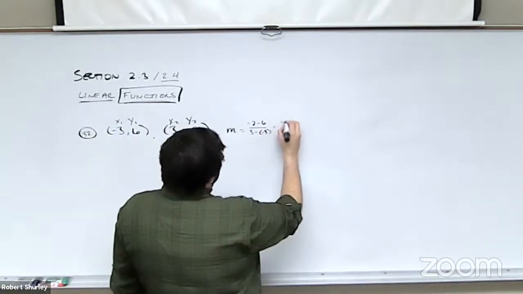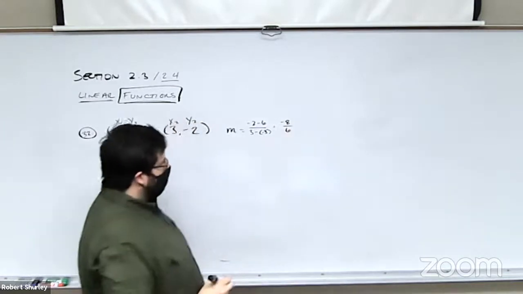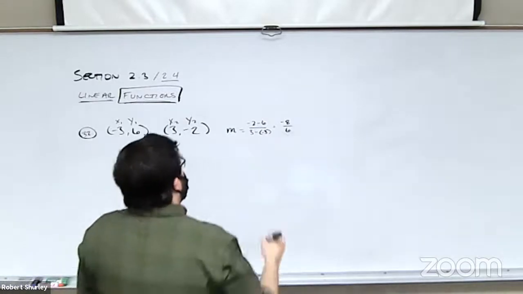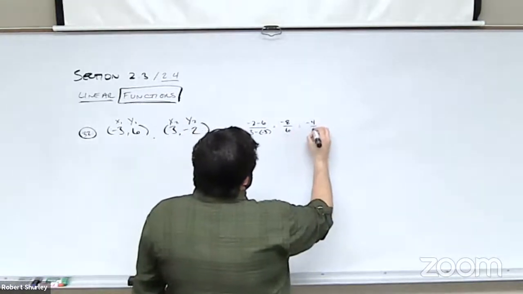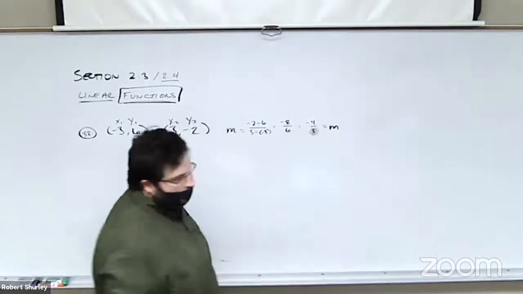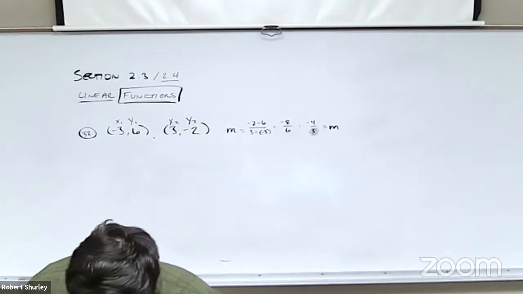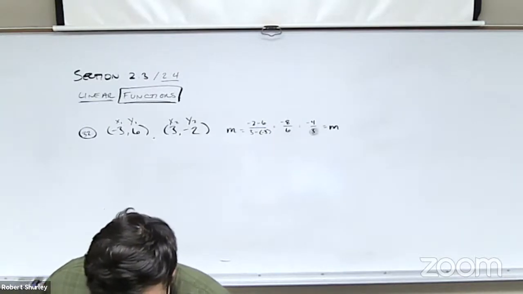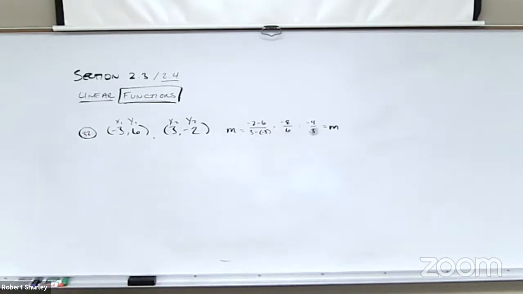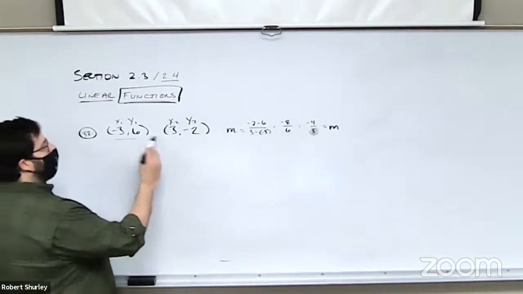So I wind up with -8 over +6. Let's see if I got that right. It winds up being -4/3, right? So my slope is -4/3. Yep, -4/3.